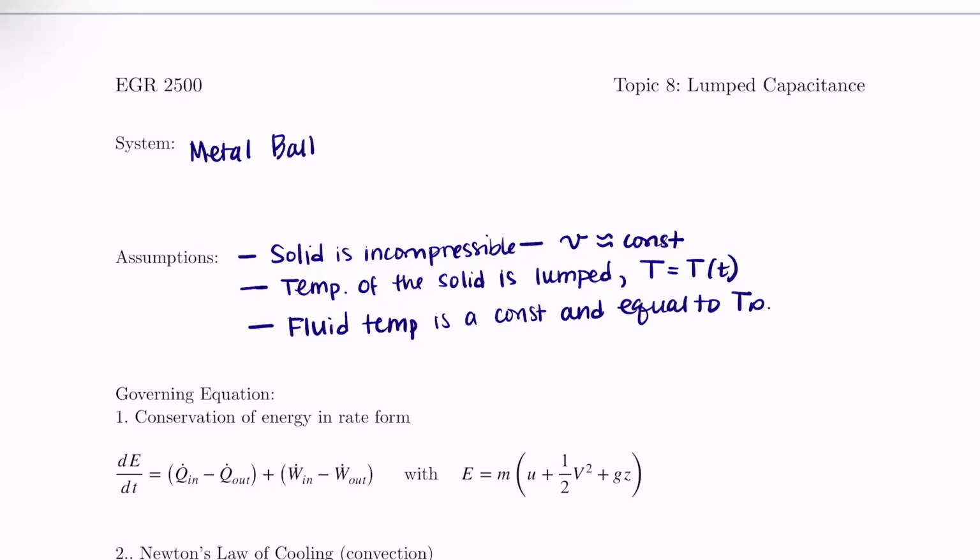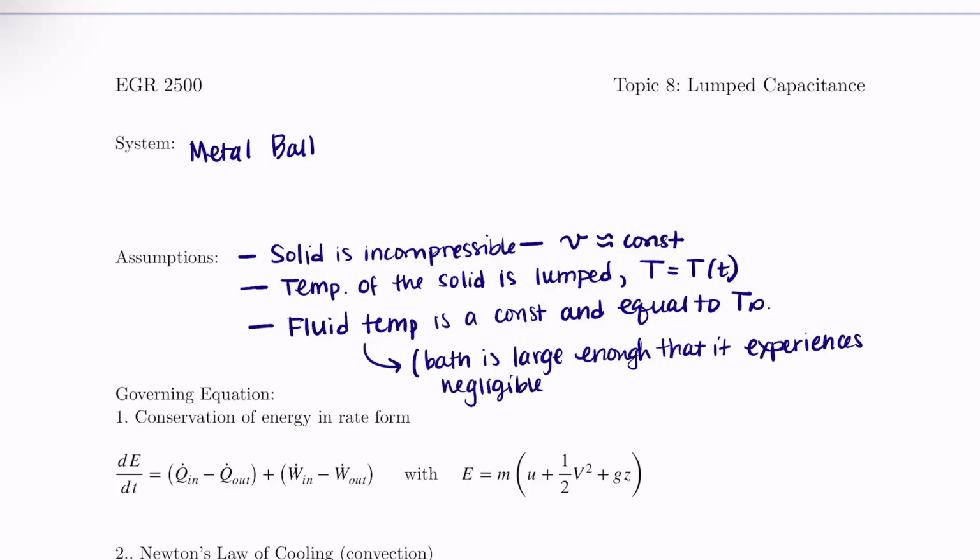What I'm saying by this is we're making an argument that the bath of fluid is large enough that the amount of heat it receives from the sphere is going to raise its temperature by a negligible amount. So the bath is large enough that it experiences negligible temperature rise.